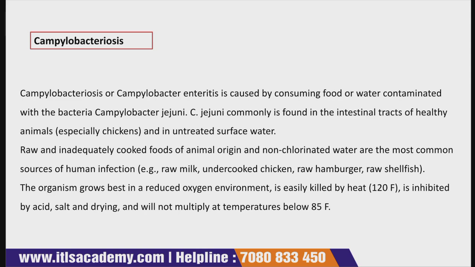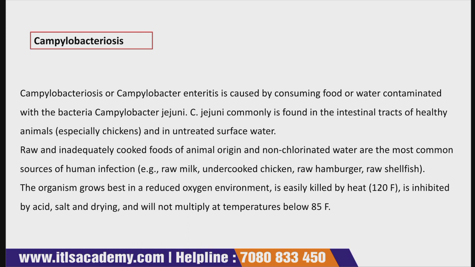But the best thing about this is that these bacteria generally grow best in a reduced oxygen environment, and they can easily be killed at a temperature of 120 degrees Fahrenheit. They do not need oxygen for growth, but they are inhibited or killed at 120 degrees Fahrenheit.